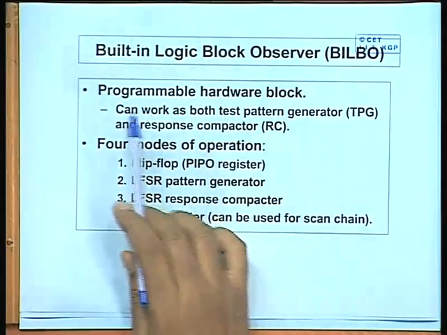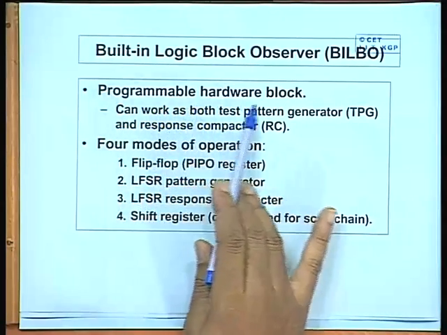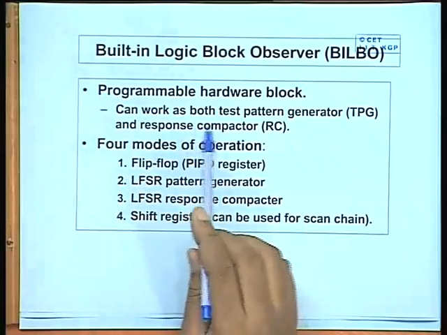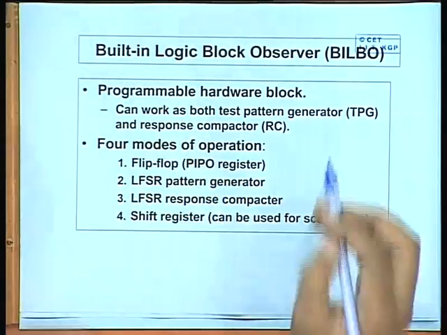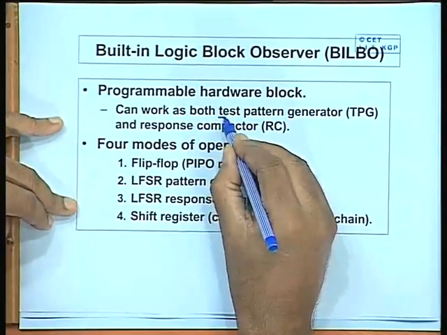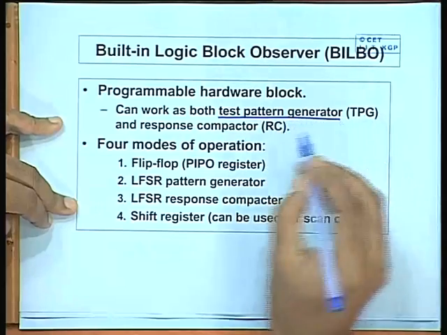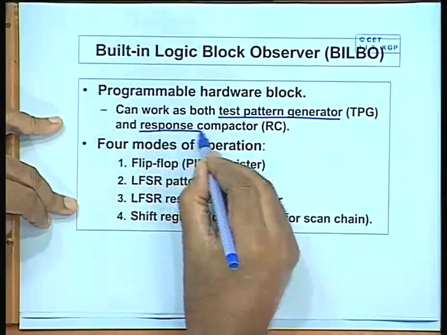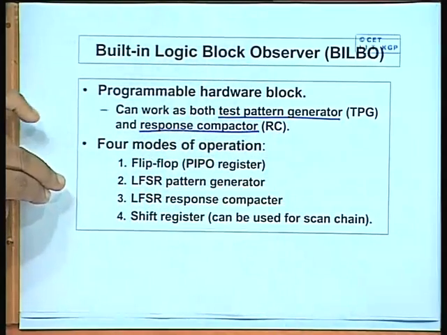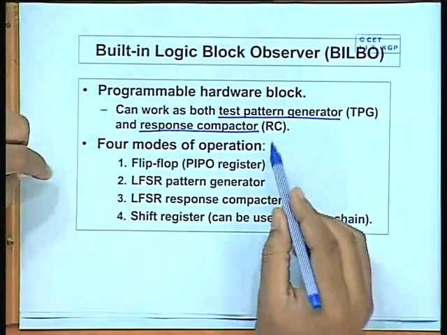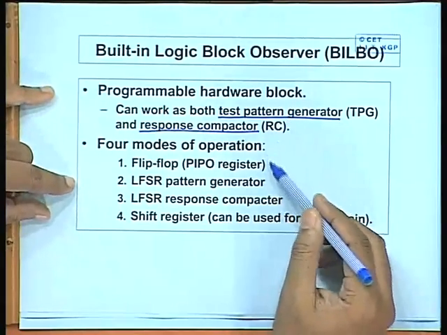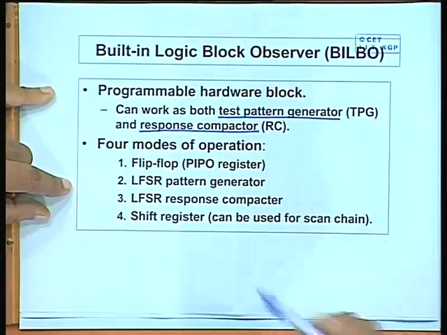So, as I said, this is a programmable hardware block. With respect to testing, it has the capability to work as a test pattern generator and also as a response compactor. Now, this circuit can work in 4 different modes.